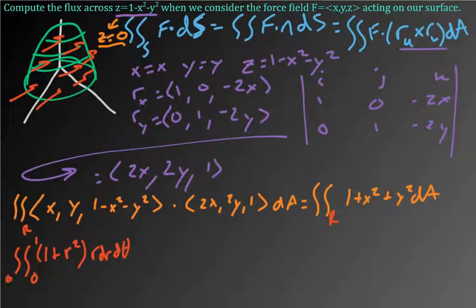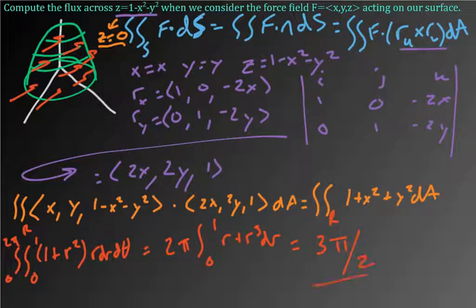And then theta runs 0 to 2 pi. From there it's a nice integral. You could just multiply by 2 pi because there's no theta dependence on the inner integral. And then it's just polynomial, everything's nice from there. So anyways, long story short, you're going to get 3 pi over 2.